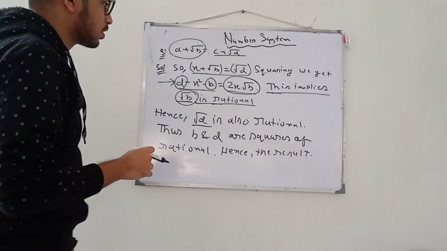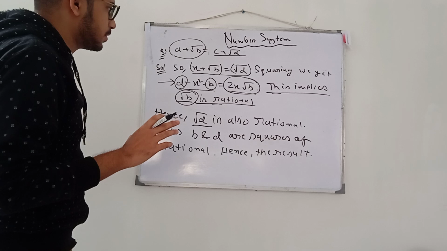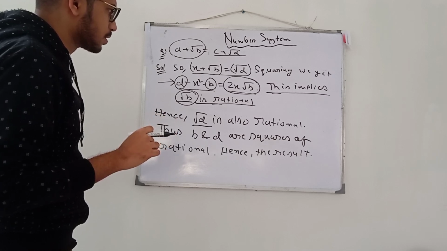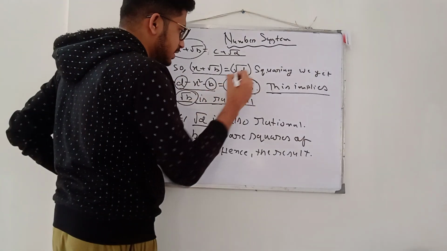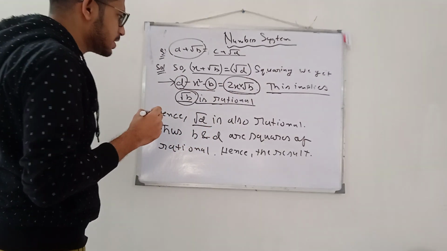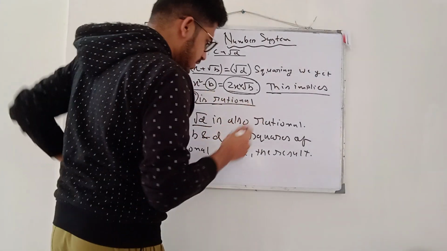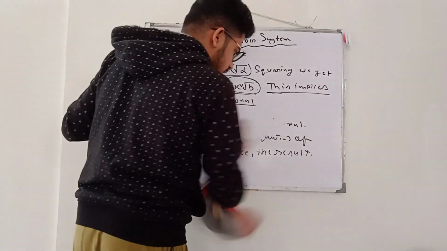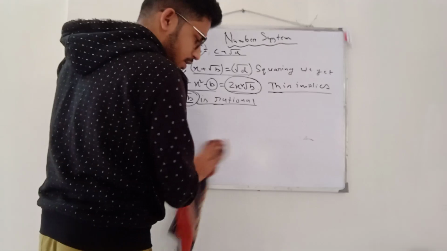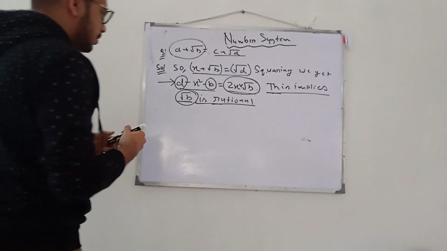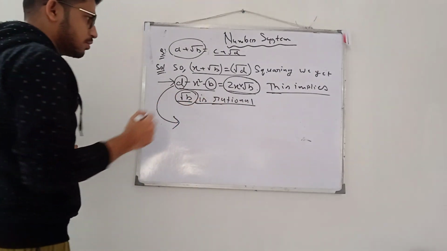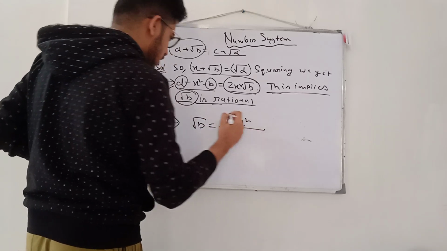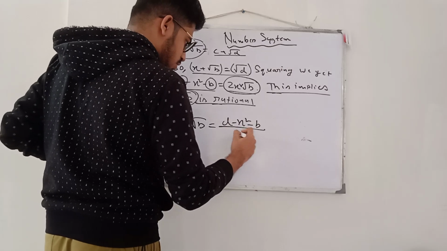Suppose 2x into root b. 2x into root b means I'm inverting this. Suppose 2x into root b means root b is equal to d minus x square minus b upon 2x.